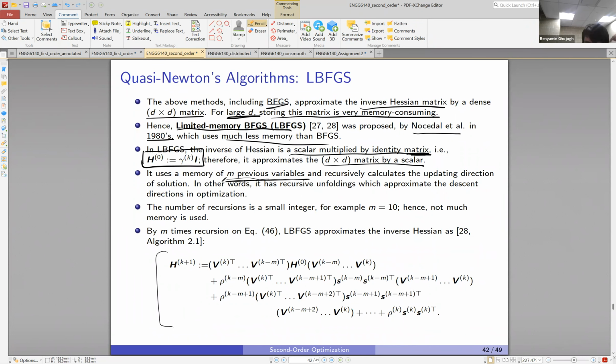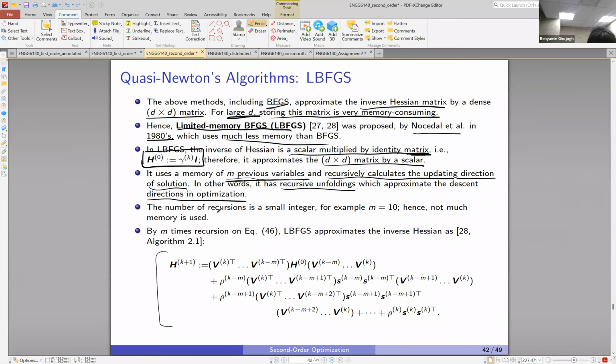And let's recursively calculate. So it is recursive. If you want to code it, you need to have a recursive function. So it recursively calculates the updated direction of solution. In other words, it has recursive unfoldings which approximate the descent directions, or the P or delta X, in optimization in this way.